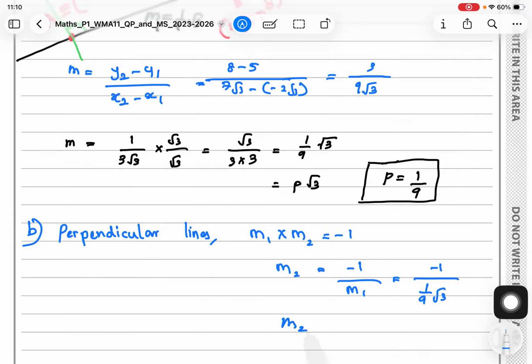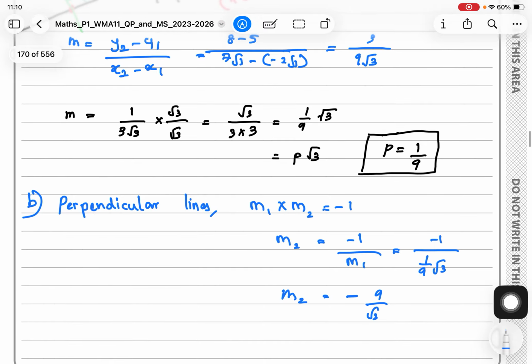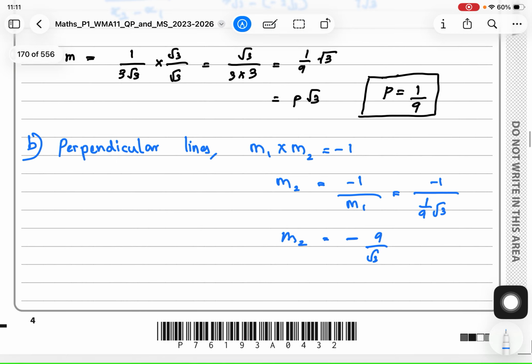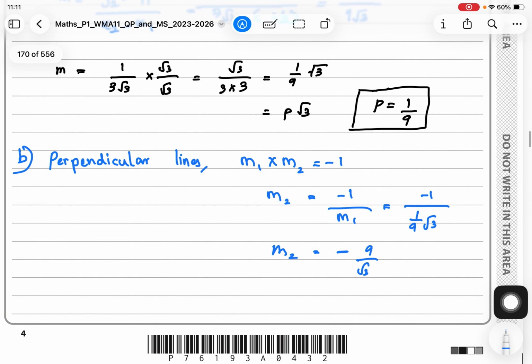We get the reciprocal, which is negative 9 divided by root 3. But we don't want root 3 values like this, so similarly to the previous case we can get rid of the root 3, which gives negative 9 root 3 divided by 3. Further simplified, that gives negative 3 root 3.